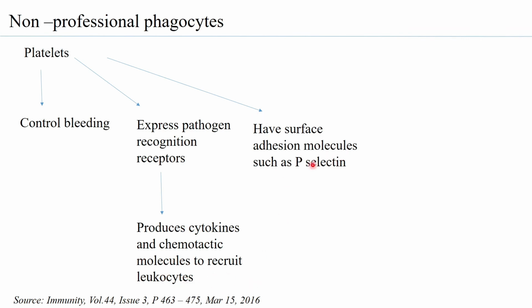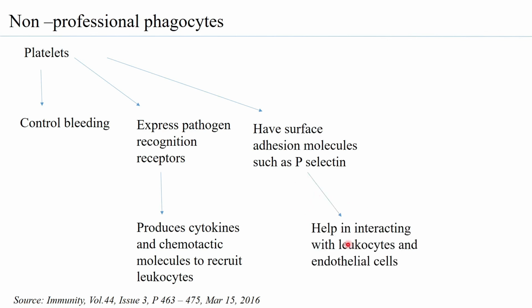The surface adhesion molecules being present, such as P-selectin, they are able to bind to several adhesion molecules on the endothelial layer and therefore lead to what is called extravasation, and that local extravasation will lead to inflammation at the region where the antigen is present. So it helps in interacting with leukocytes and endothelial cells, and both of these are able to mediate pro-inflammatory events.